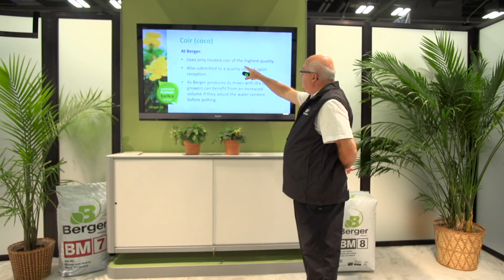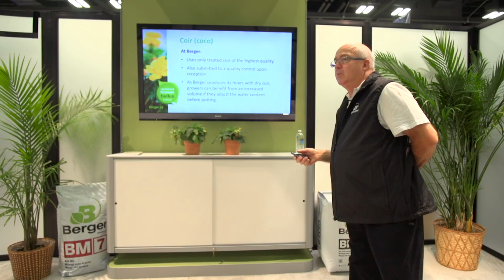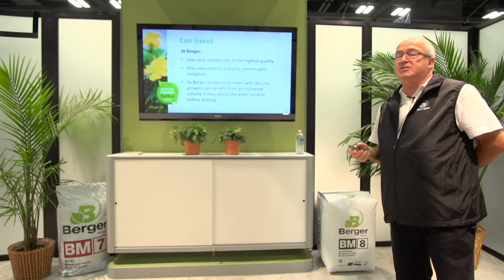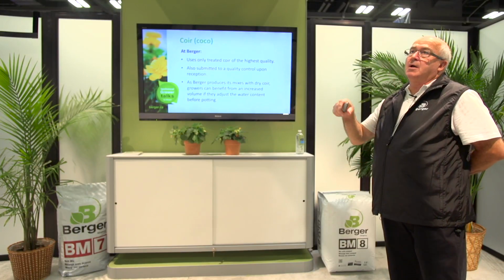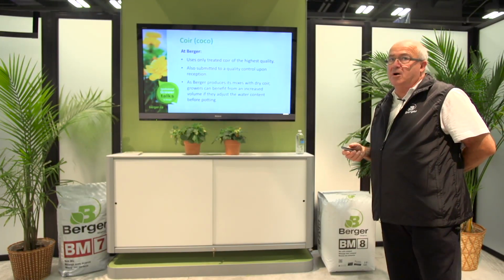As it is mentioned, treated coir, so it has gone through several good waterings to try to reduce the higher EC content, to try to leach out some of the high potassium and some of the high chlorides. So it is definitely treated, and so it's coming to us at least with some quality control, and then we submit it for further quality control.